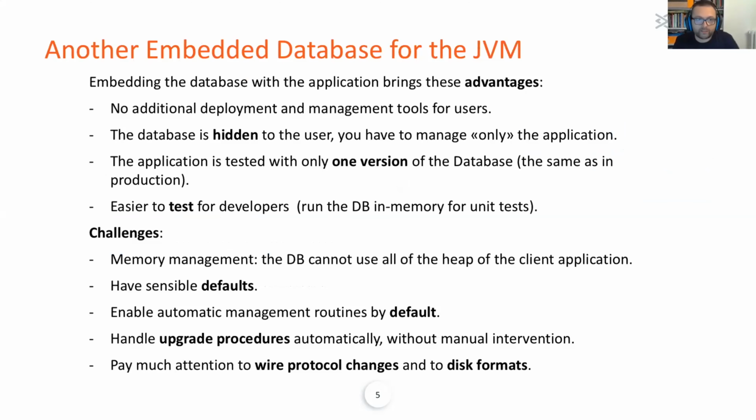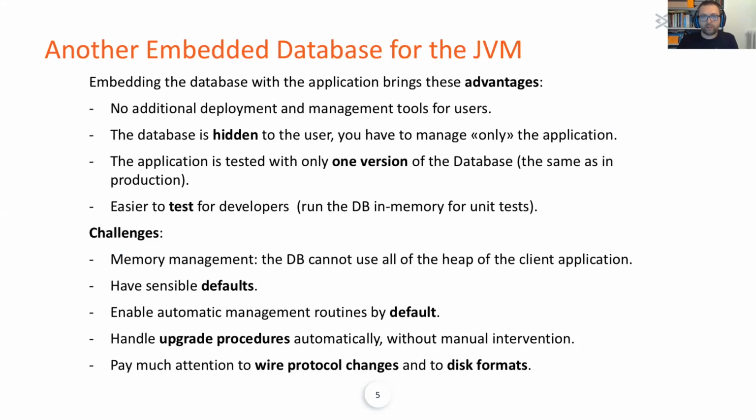So why another embedded database for the JVM? This is answering the first question. Embedding the database with the application brings these advantages. No additional deployment and management tools for users, because the database is hidden from the user and the system administrator. You only have to manage the application.